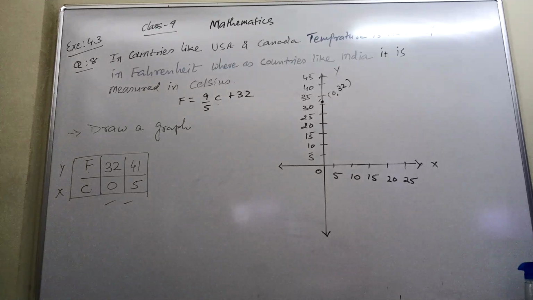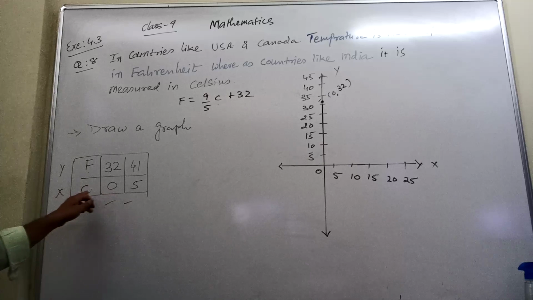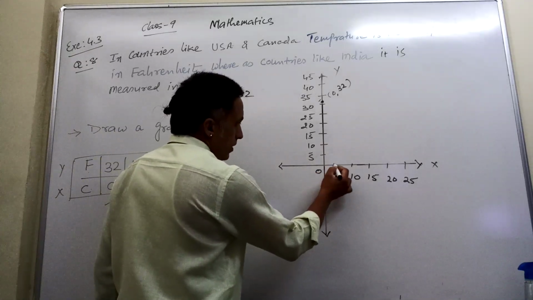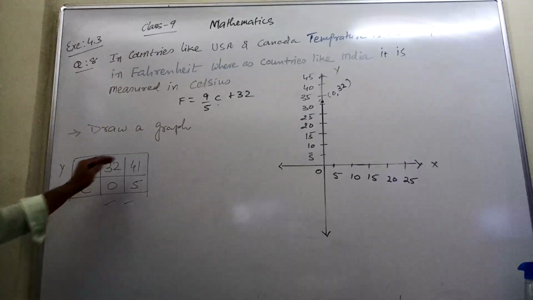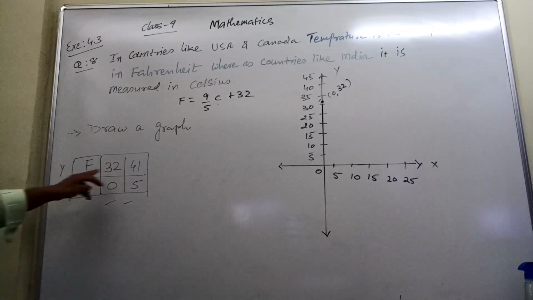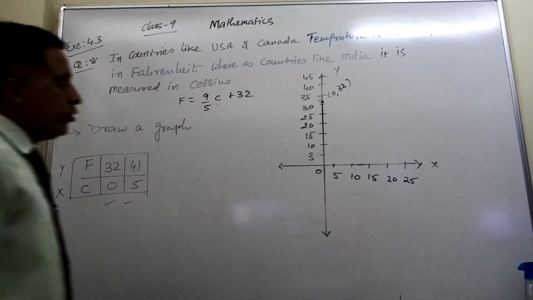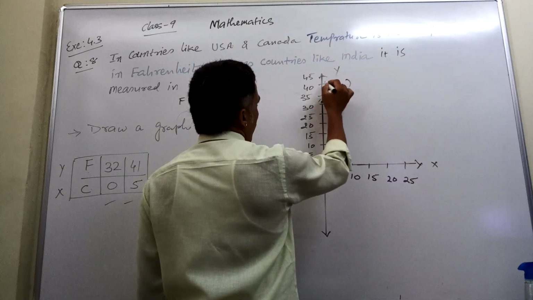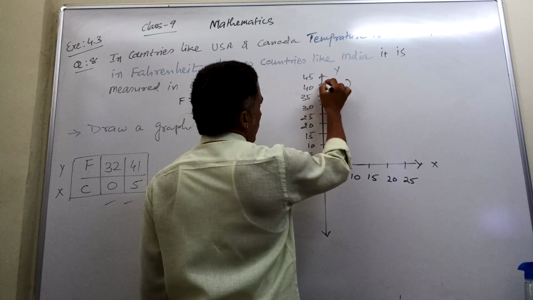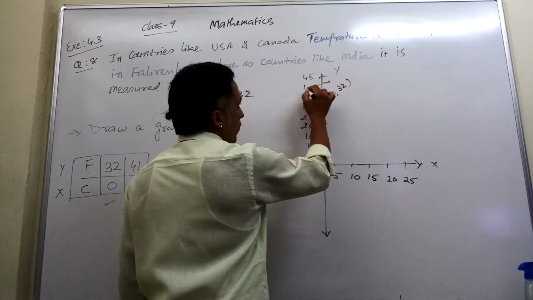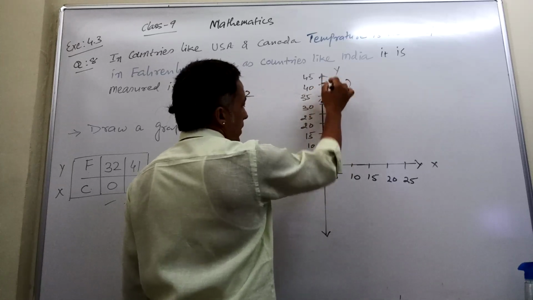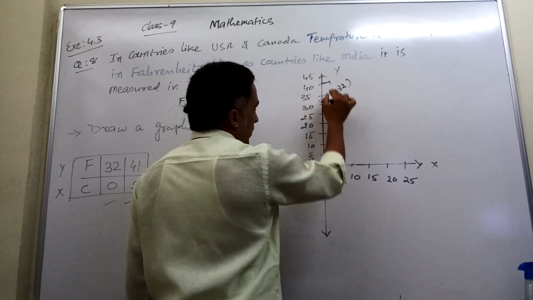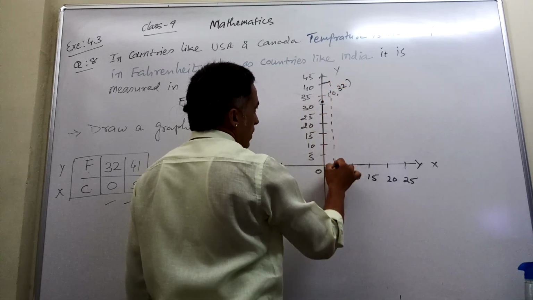Now, the second point, that is C is equal to 5, and that is here. And Fahrenheit, that is F, 41. So my point will be over here, above 40, where 41 will be here, and 5, where these lines on the graph paper intersect each other.